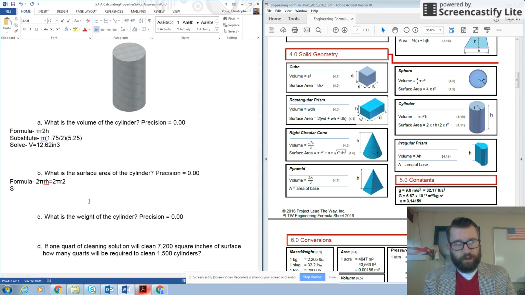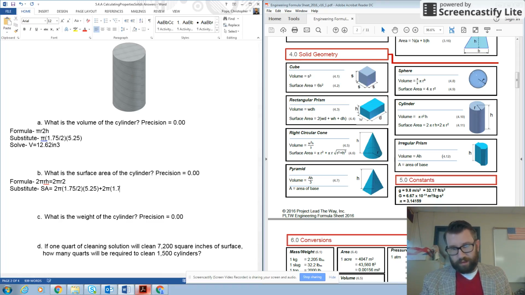Next I'm going to substitute values. So SA for surface area equals 2 times pi. Once again, to find r, we're going to do 1.75 inches divided by 2, times height, which is 5.25 inches, plus 2 alt 227.